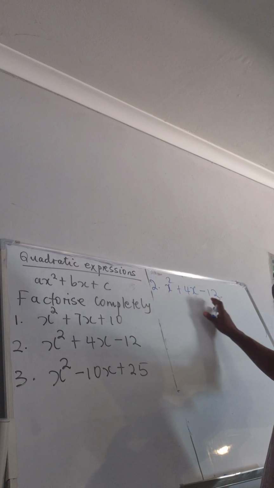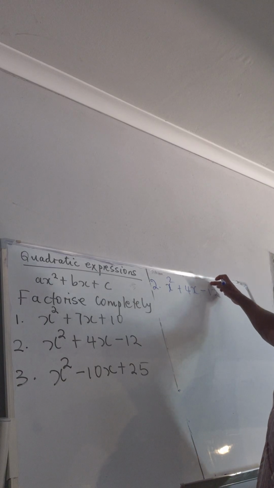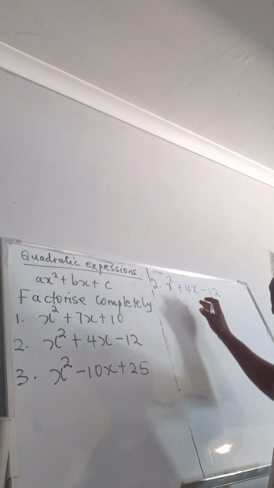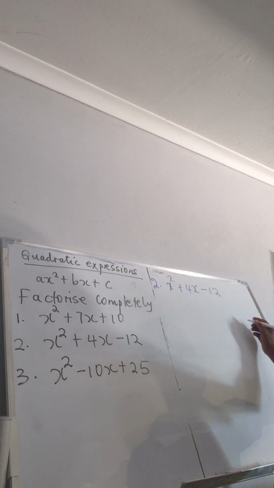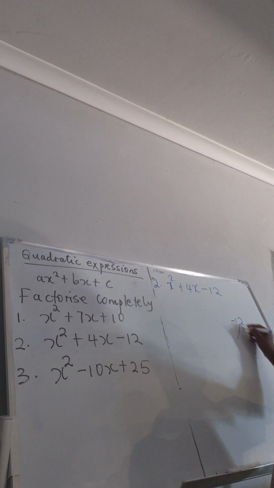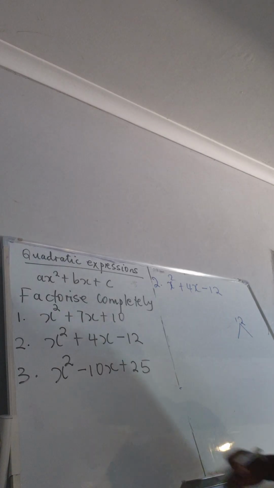Like what we did before, look at the factors of minus 12. If you add them, you must get 4, or subtract them, you must get 4. Before I write minus 12, let me just write 12.